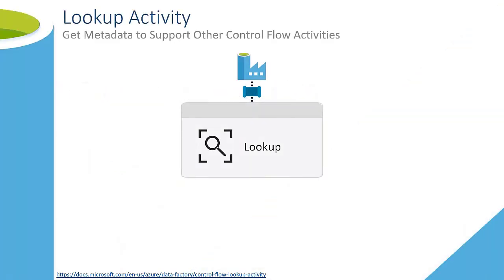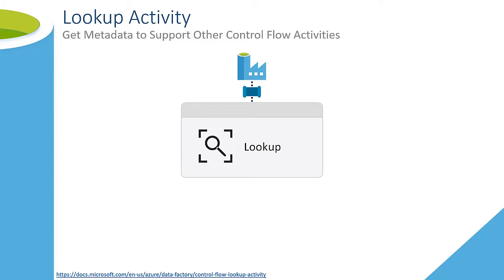The first of those is what's called a lookup activity. Now, I do want to be clear that this is not a lookup in the sense of our data transformation operations. This is not joining to a data set to resolve some surrogate keys when we're loading a warehouse. This is very much a lookup in the sense of a control flow activity.